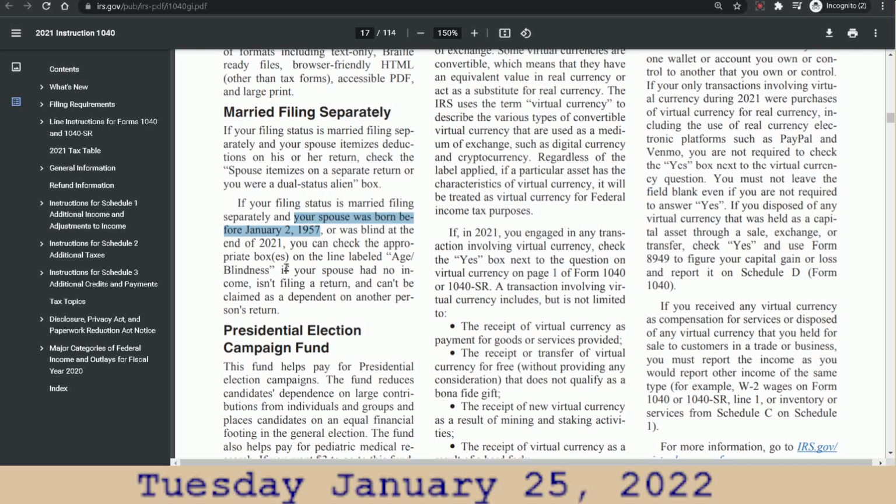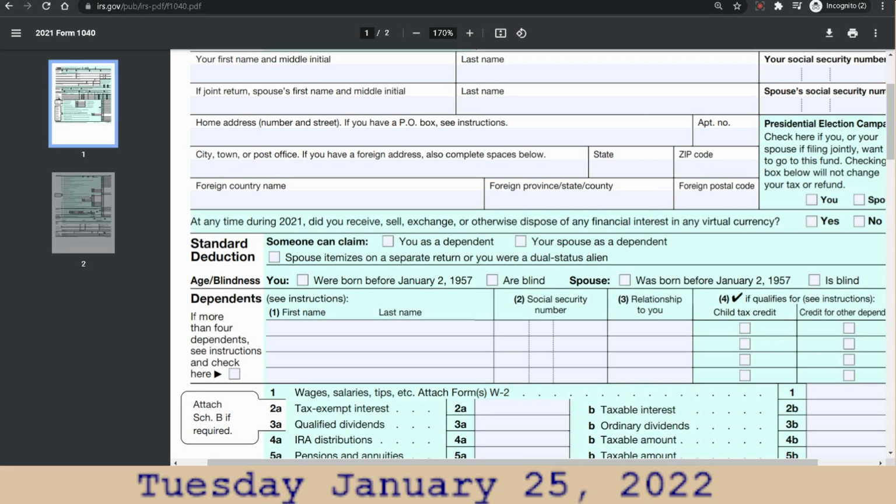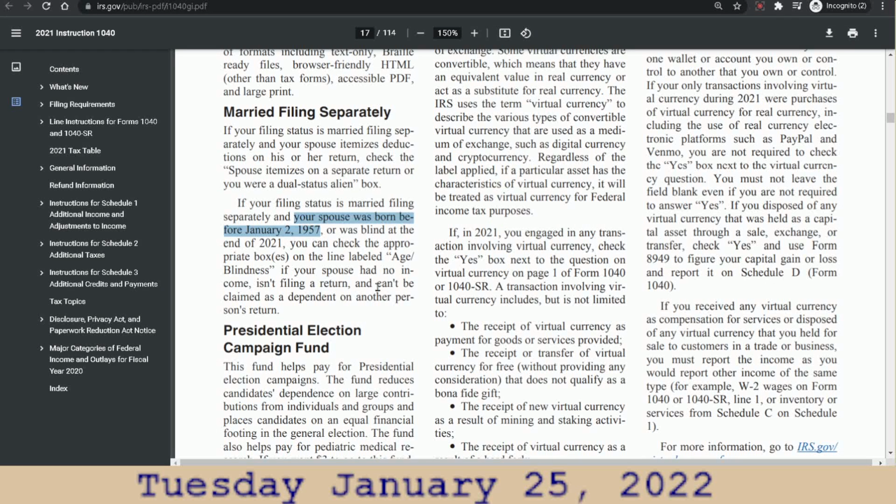But then it says, if your spouse had no income. So all of these are okay to check, right? Where is it at? Here. It's talking about this, the spouse one. Right there. Okay? And then it says, now remember, ask your tax advisor.